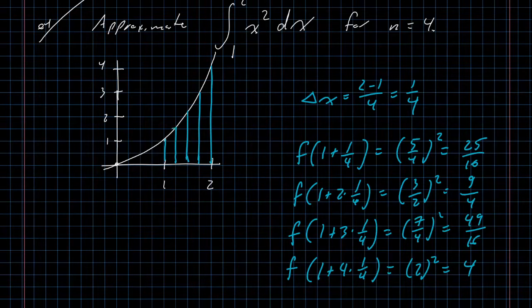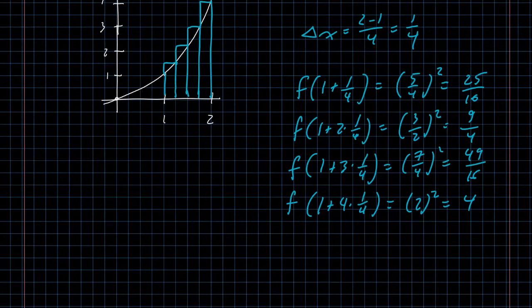All right, so that's telling us we want to draw our rectangles looking something like this. And yes, we can see from the picture that we are going to pretty drastically overestimate the area, but it will give us an approximation, and that's sometimes good enough.